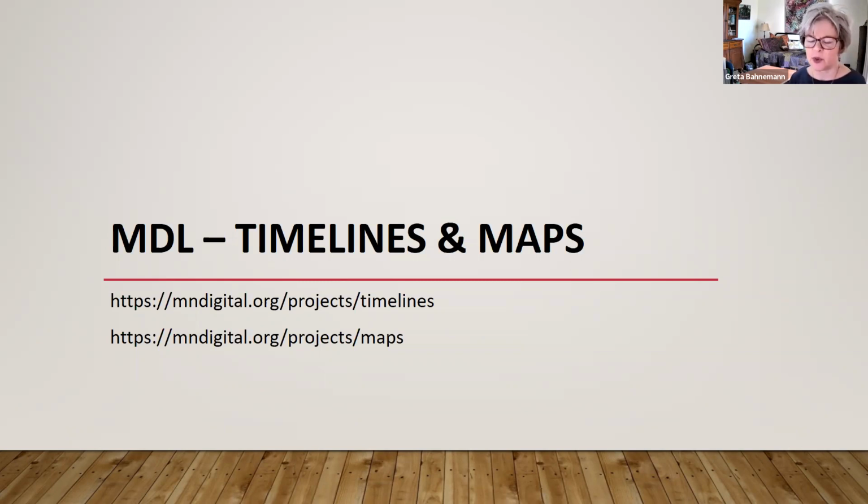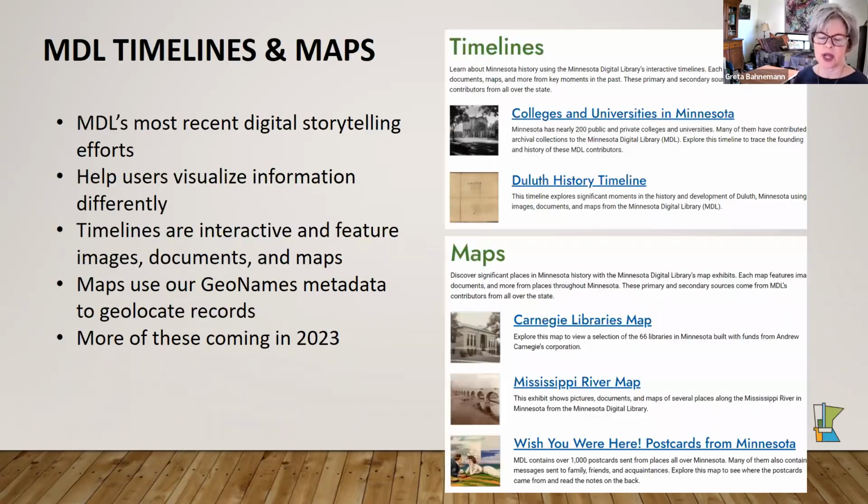We like to think of these projects as another form of curated content, another form of digital storytelling that provides new, different access points into the collection. And Jason is going to share the links for both timelines and maps. As I mentioned, these are much more recent, which partly explains why we don't have as many as we do of the primary source sets or even of the exhibits.